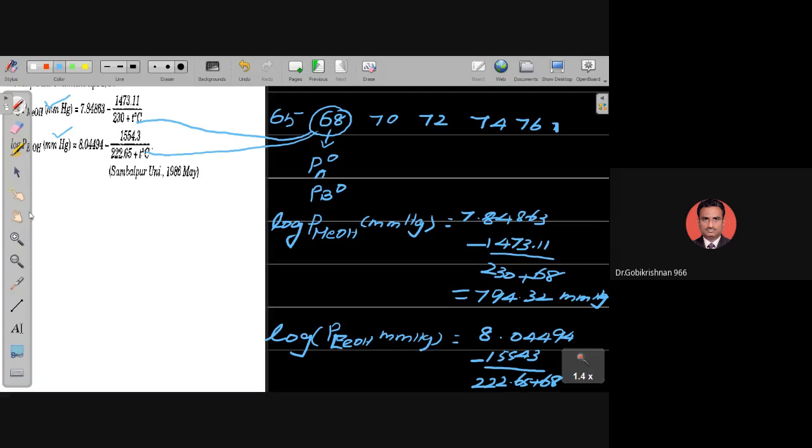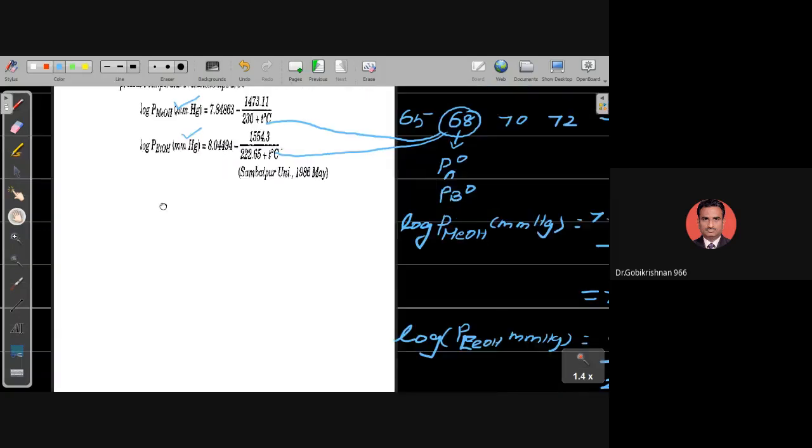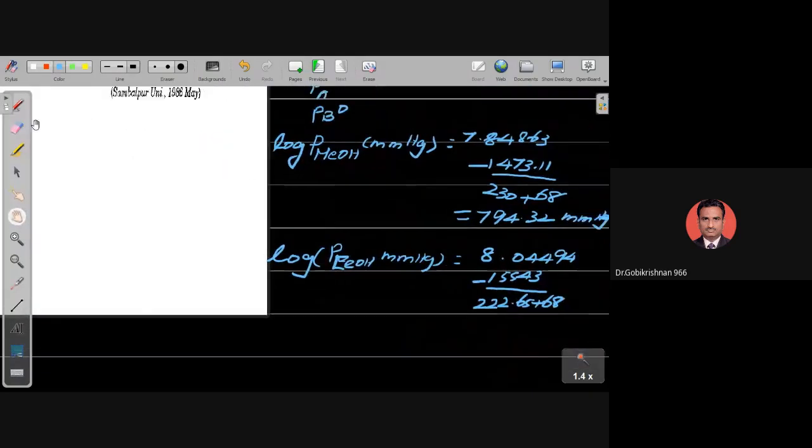Okay, therefore the value is 497 point something, so much mmHg.